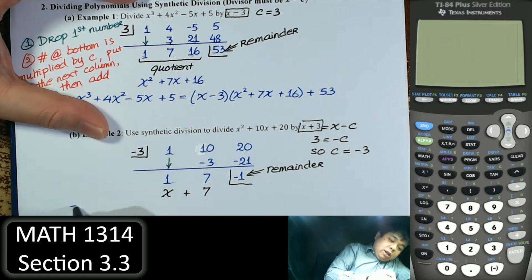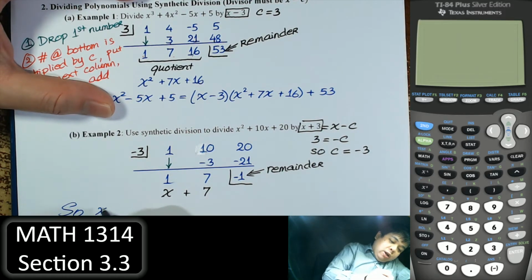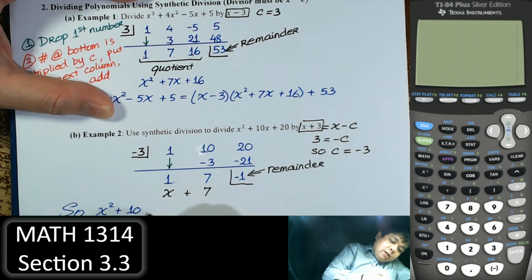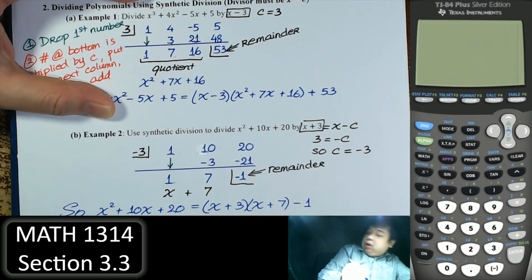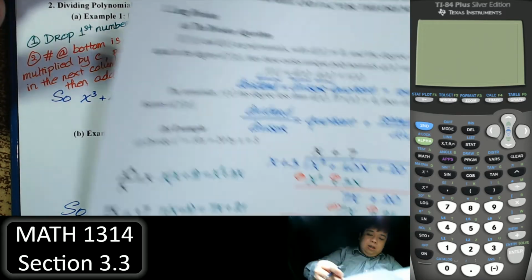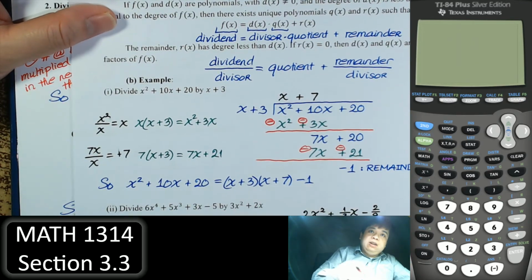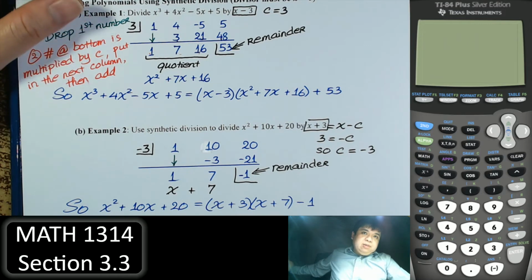And then so we say x squared plus 10x plus 20 equal to the divisor of x plus 3 times the quotient x plus 7 minus 1. And that's what we have if we do the long division.